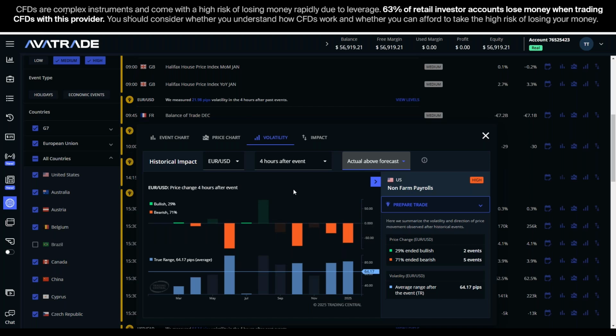Look at the downward trend, meaning the USD pulling the euro down if the jobs numbers come in better than expected out of the US. There's a bigger reaction to the good news out of the US, the strong jobs numbers in these past announcements, compared to if there's bad news. If the numbers are worse than expected, it's unpredictable with these past announcements whether to go up or down.